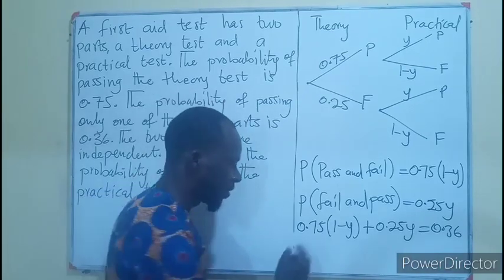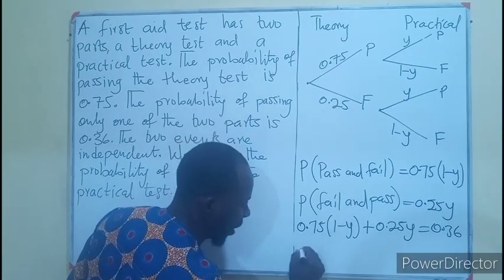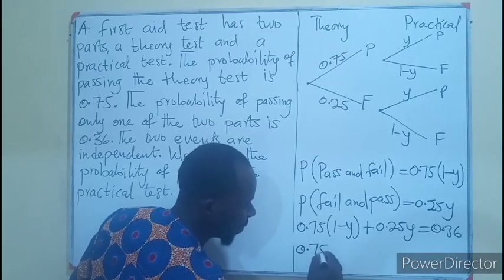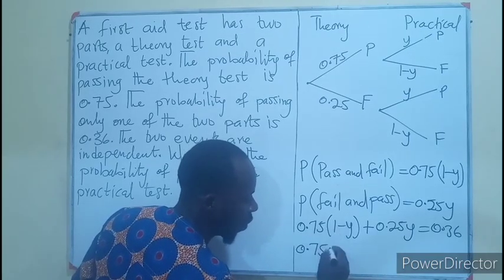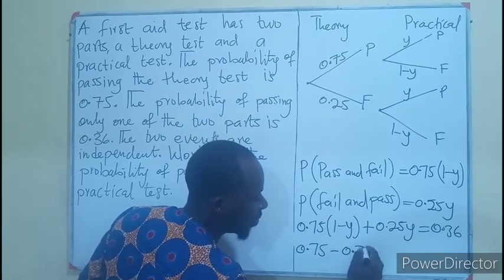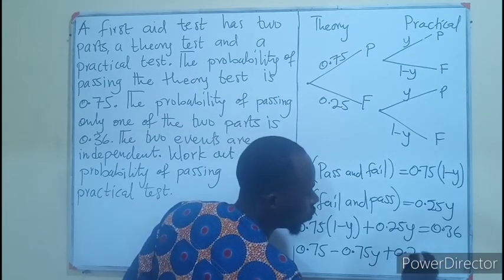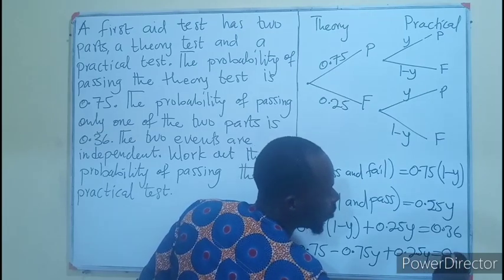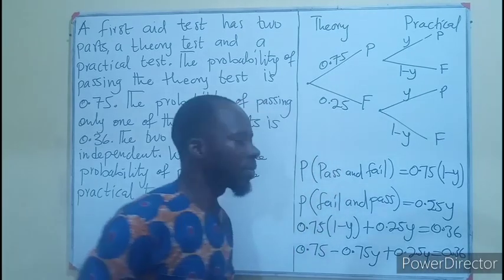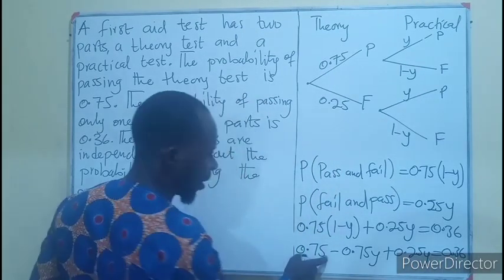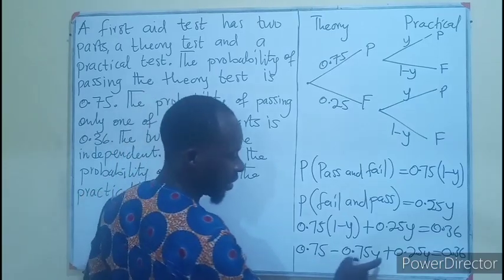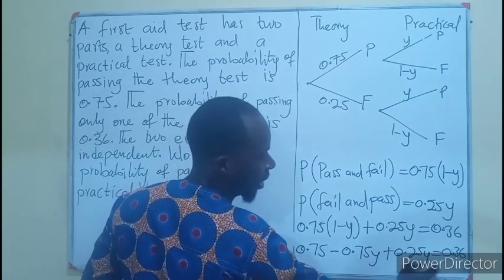We can open this. 0.75 times 1 will remain 0.75. Then when you multiply y, it becomes 0.75y. We still have our 0.25y, equals 0.36. We have a constant, variable attached, constant.